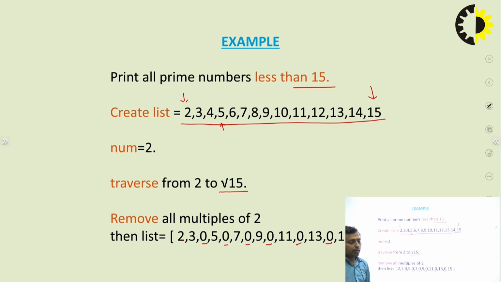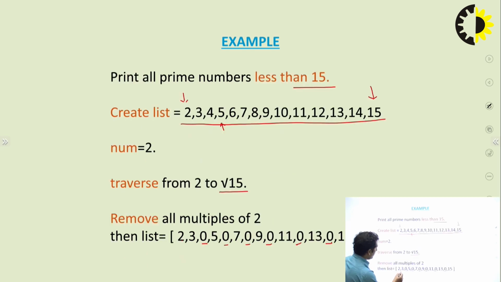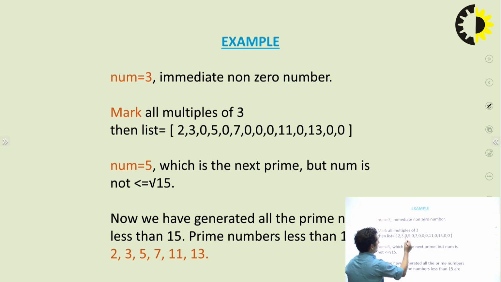If we delete them, the list will shrink. Now the immediate non-zero number available after 2 is 3. Now mark all multiples of 3, that is 6, 9, 12, 15.